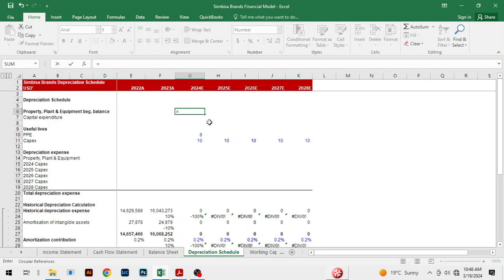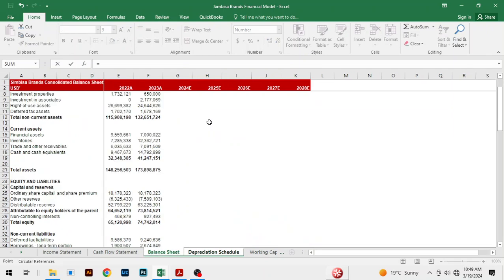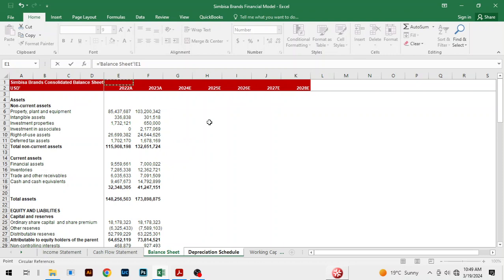So what I'm going to do is I'm going to come back to the balance sheet. We've got property, plant and equipment, right? So we've got depreciation.